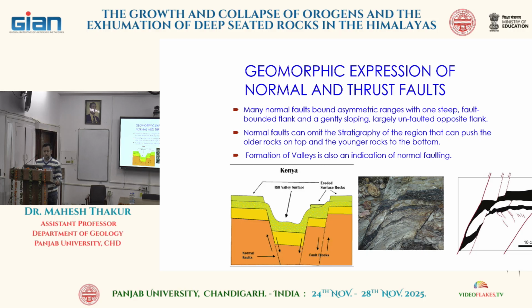Many normal faults bound asymmetric ranges with one steep fault-bounded flank and a gentle sloping, largely unfaulted opposite flank. Normal faults can omit the stratigraphy of the region and can push the older rocks on top and the younger to the bottom. Formation of a valley is also an indication of normal faulting.